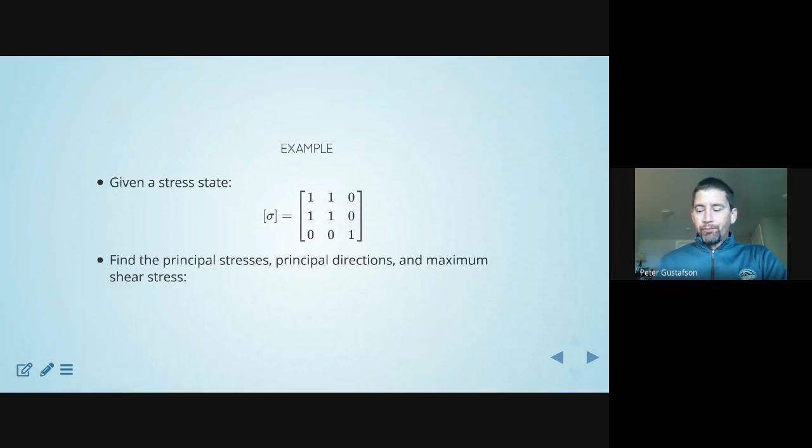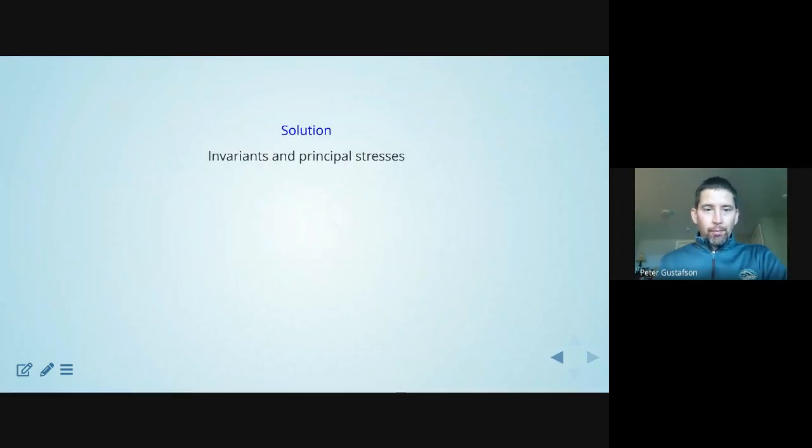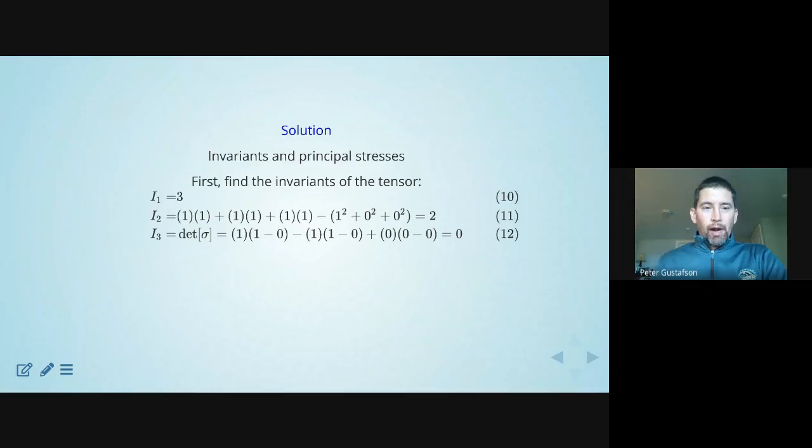Okay, so what do we do? It's just a few slides ago. Well, the solution, of course, is we find the invariants and then ultimately the principal stresses. So we set the problem up.